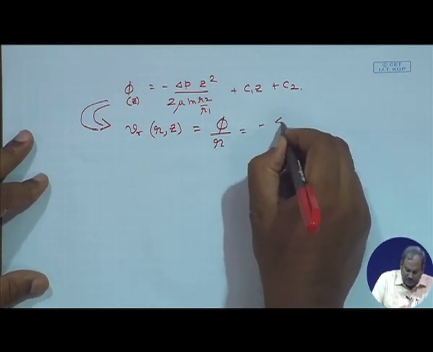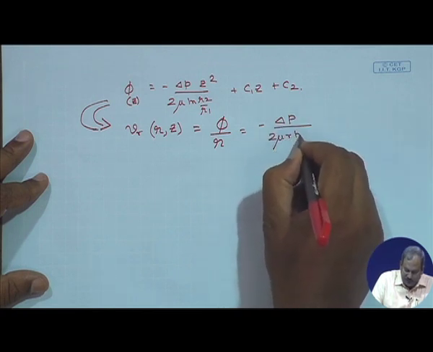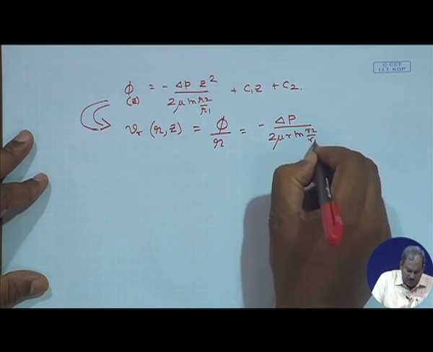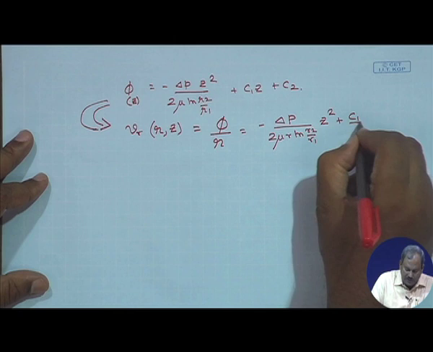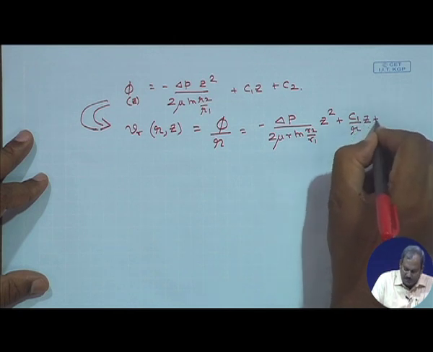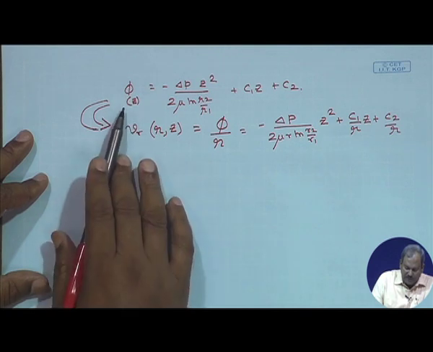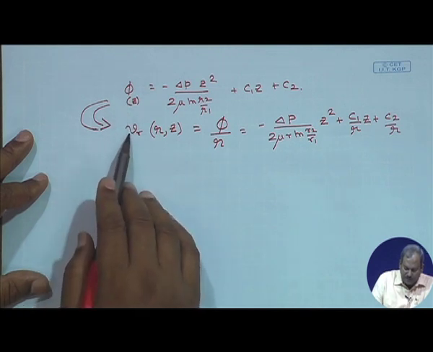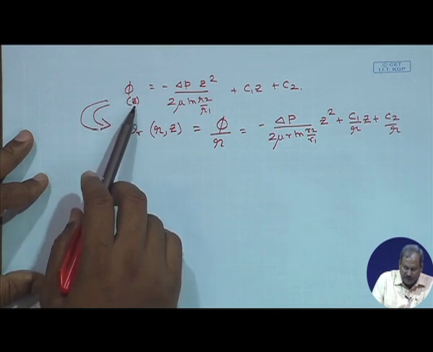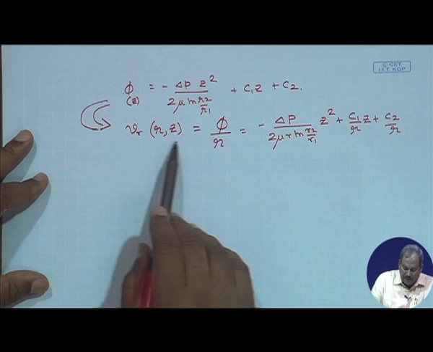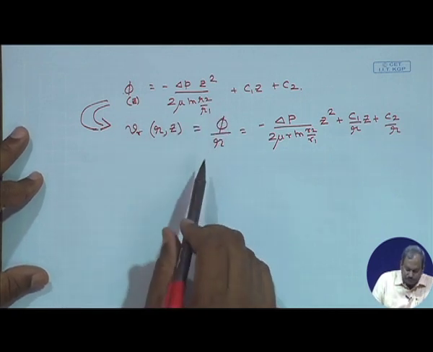So this would be minus delta P by 2 mu r ln r2 by r1 times z square plus C1 by r z plus C2 by r. So see how we have got the expression for Vr from the expression for phi, identifying it's a function of z, and this is from the equation of continuity, the specific form of Vr.